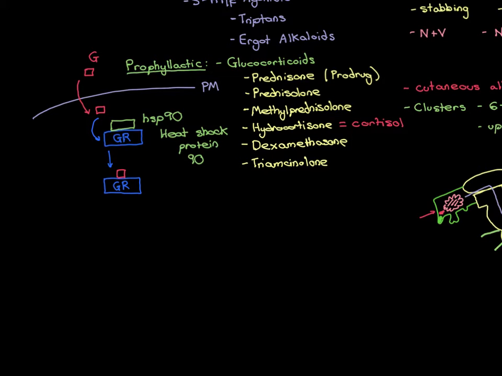So this mechanism that exists inside all of our cells, this is really for the hormone cortisol, and all of these drugs are just abusing this pathway, basically. So obviously we do give cortisol, the real hormone, we just call it something different, hydrocortisone. These other ones are analogues of cortisol, and they can also use its mechanism here. So we are hijacking a mechanism that is endogenous to the body here.